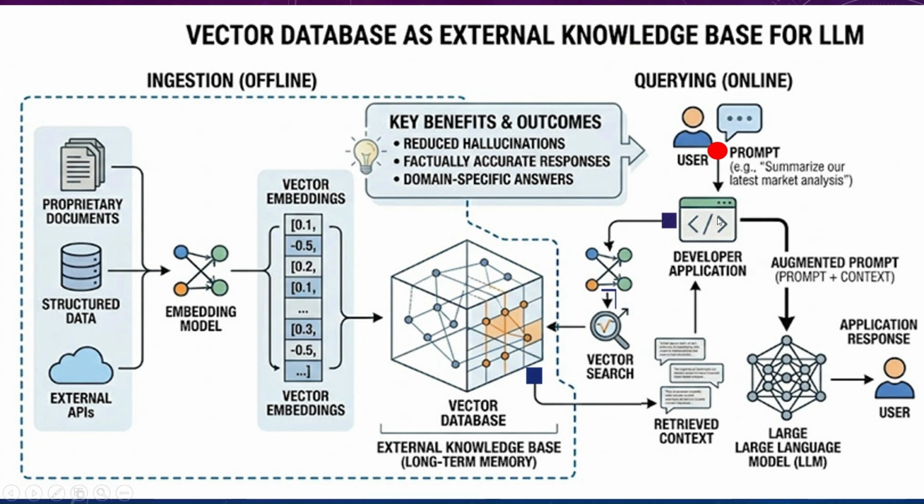And when your query hits this vector database, the result will be retrieved as a context. When this context along with your prompt is fed as an input, that is prompt plus context, which will be a perfect augmented prompt, and when it is used by your large language model, you will get the most accurate or meaningful response from the LLM.